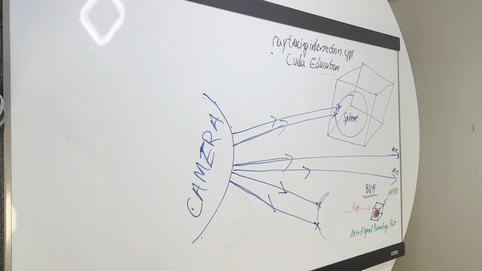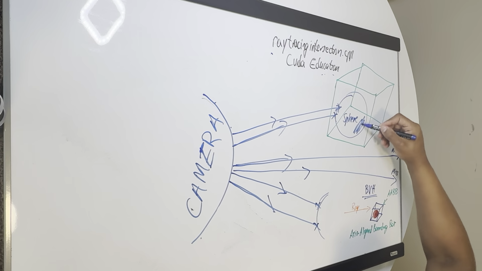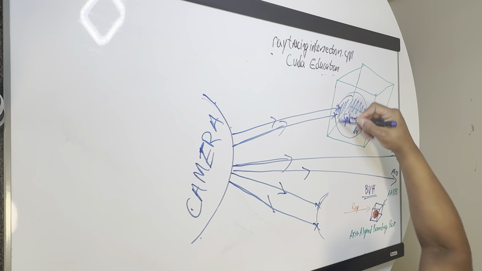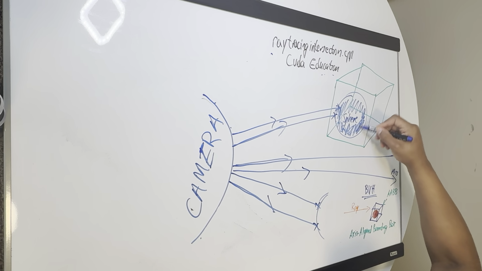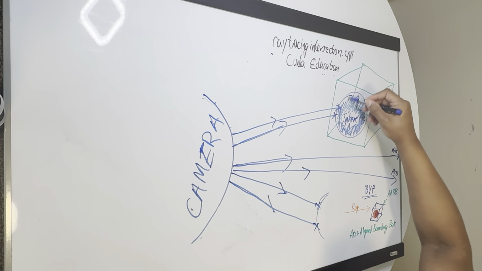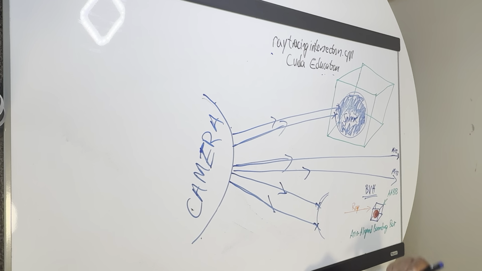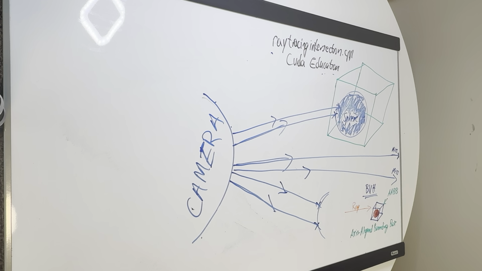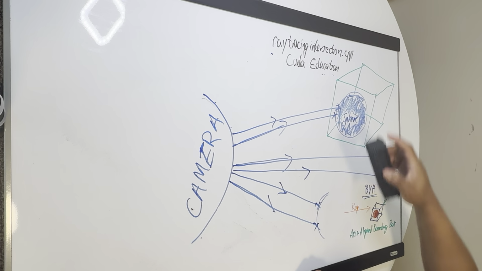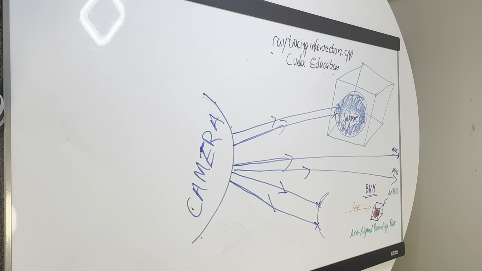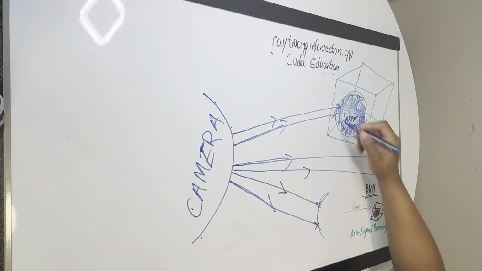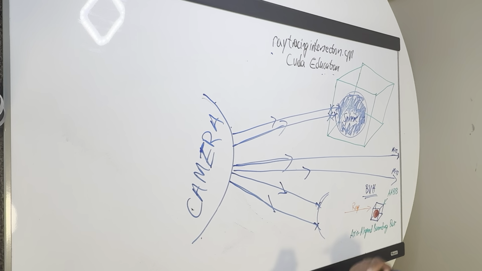And we have our sphere in the middle of these boxes. So actually, before the ray hits the sphere, it hits the bounding box.